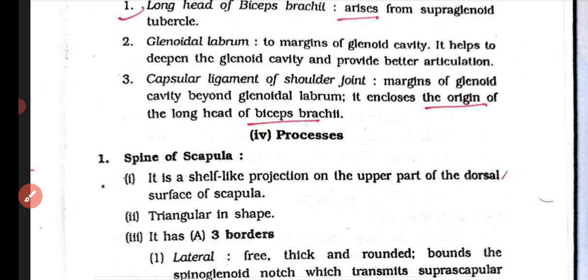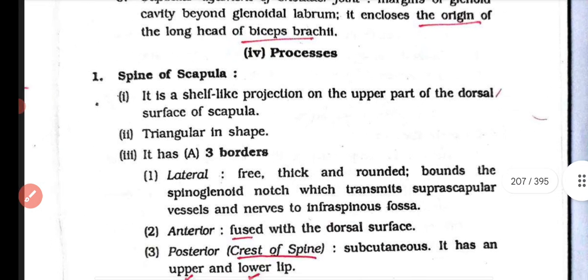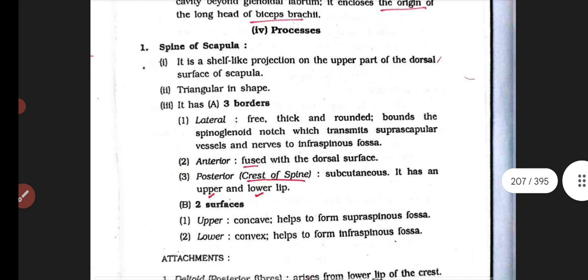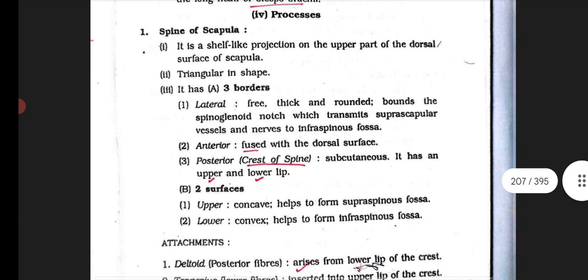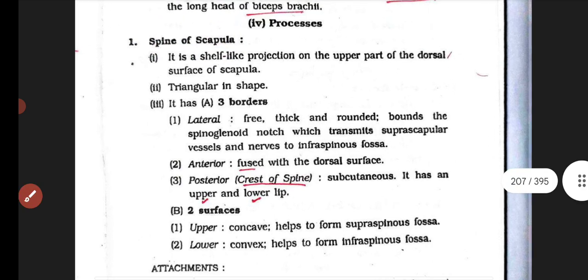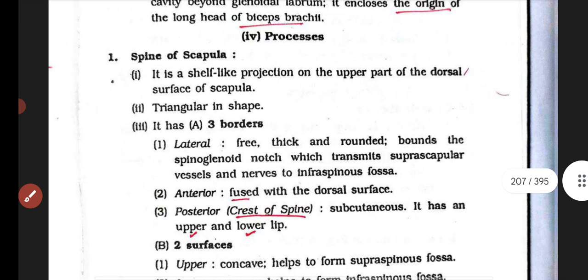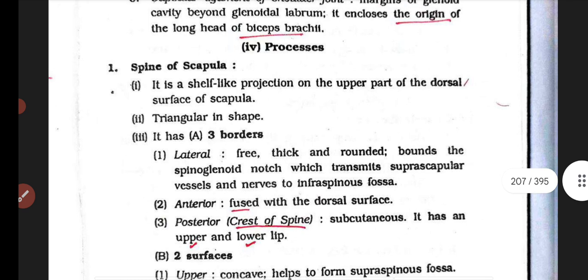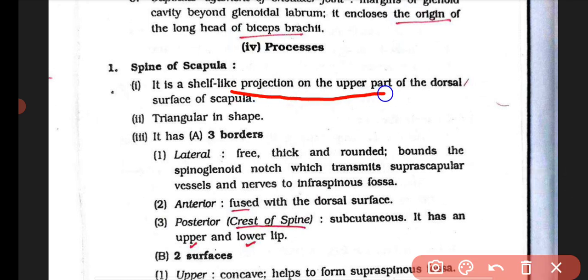How many processes are there? Already told: 3 processes. The first one is the spinous process, or spine of the scapula. It is a shelf-like projection on the upper part of the dorsal surface of the scapula.